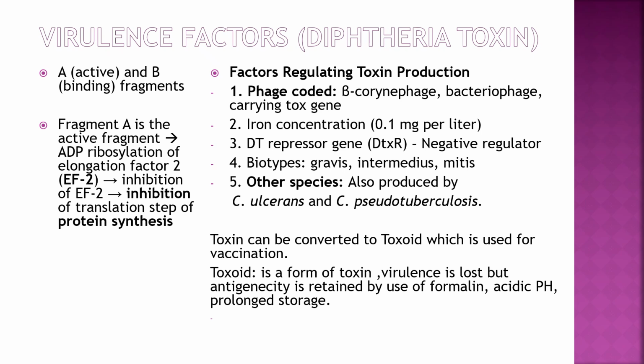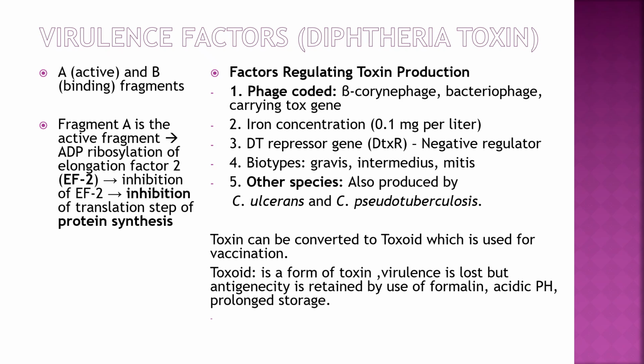If the iron concentration is increased, it has a negative effect. Then DT repressor gene, that is a negative regulator. Biotypes like Gravis, Intermedius, Mitis all produce this toxin, and other species also produce toxin. They are Corynebacterium ulcerans and Corynebacterium pseudotuberculosis.